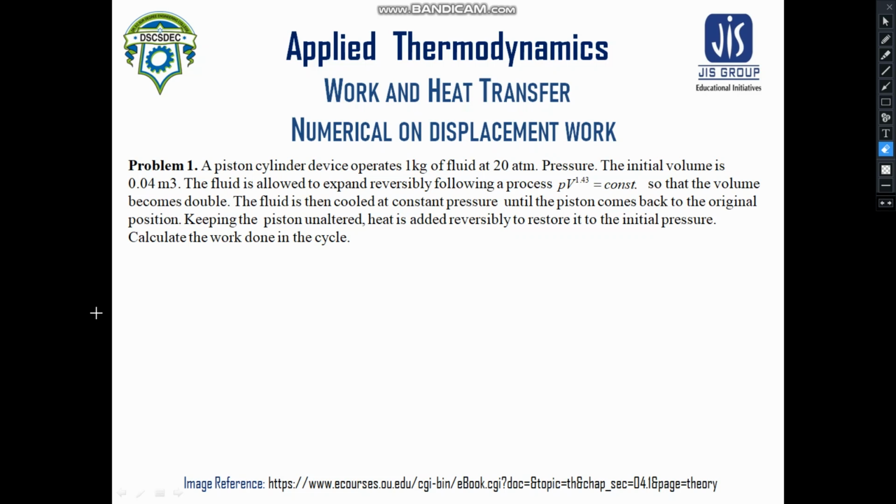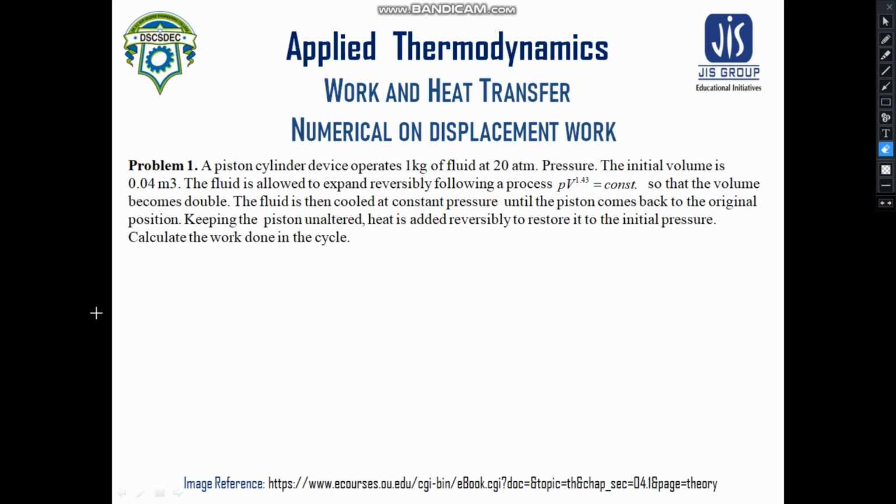So the basic point is that in case of thermodynamics, energy can be transferred in 2 different ways. Energy can be treated as a point function, or it can be treated as a path function. That means you can find energy in stored form, and you can find energy in transit form.